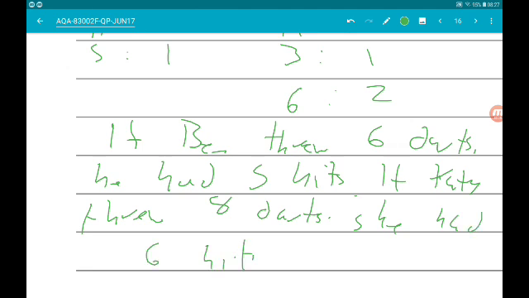Remember, these ratios will be in their simplest form, so we don't actually know how many darts they each threw. Cool.